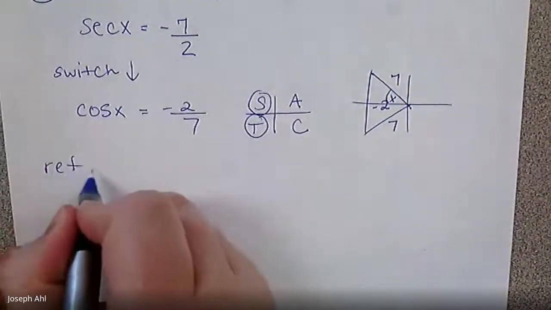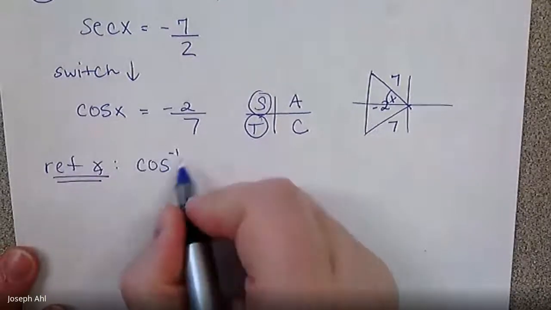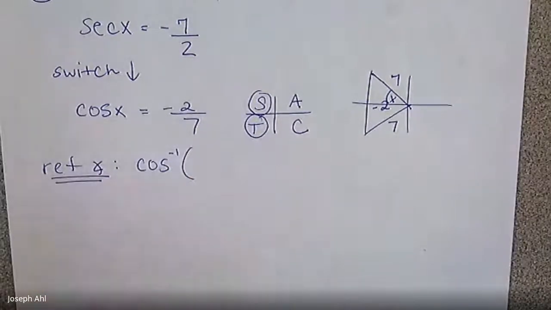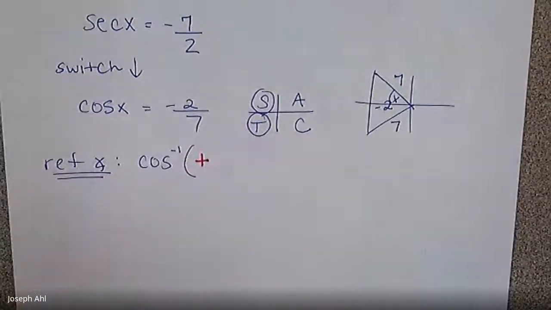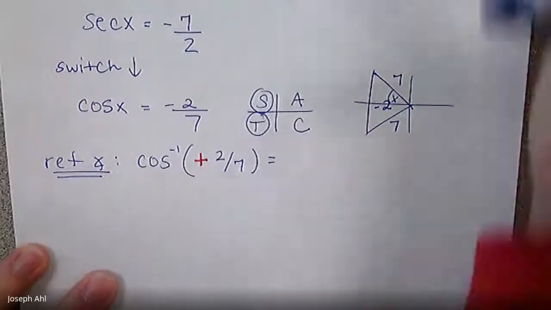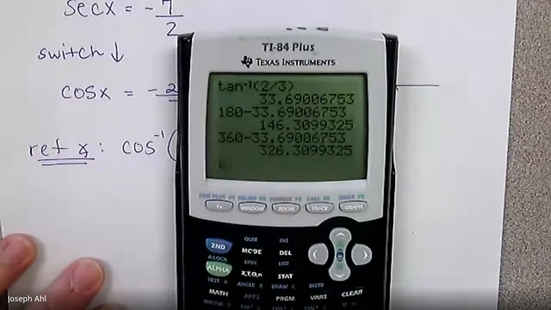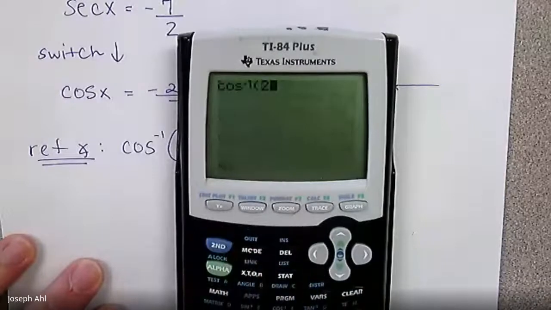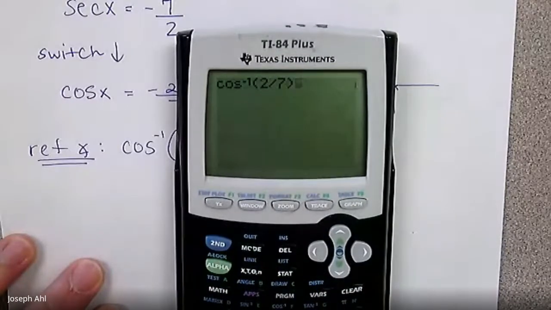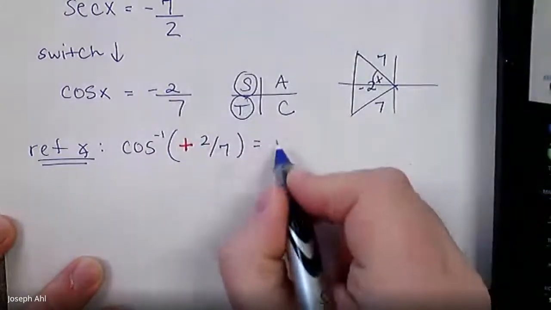To get the reference angle, to reiterate from something we talked about earlier, you're going to do cos inverse of +2/7. You will never, ever, ever type in cos inverse of a negative or any inverse function of a negative. It's going to give you results that you're not very happy with. Cos inverse of 2/7 is 73.39, so let's say 73.4-ish degrees.